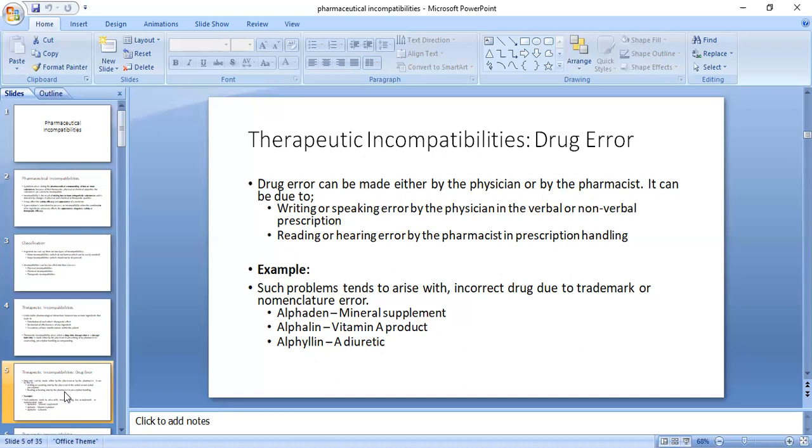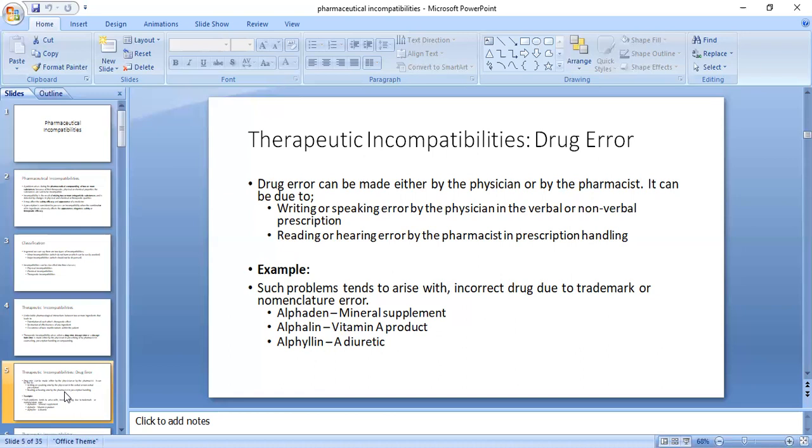Example: such problems tend to arise with an incorrect drug due to a trademark or nomenclature error, such as a brand name like Alpha-lin and Alphylene. These names are trademark names or nomenclature that look similar. For example, Alpha-lin is a vitamin A product, only a vitamin A product, while Alphylene is a diuretic.